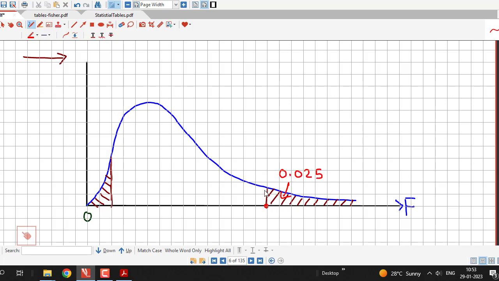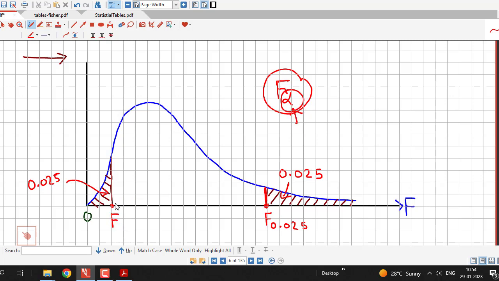So this point will be denoted by capital F suffix 0.025 because the area to the right of this point is 0.025. The notation F alpha says that the area to the right side of that point is alpha.